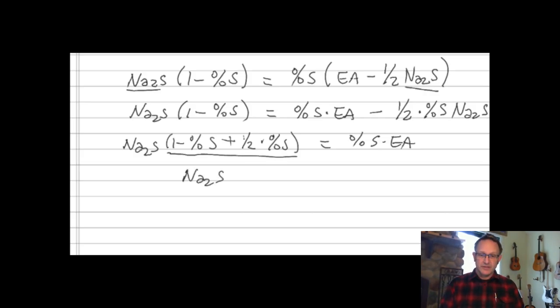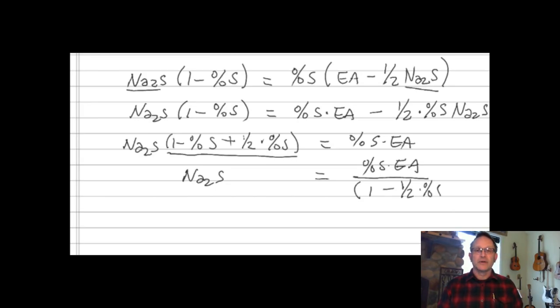Divide both sides of the equation, and we get Na2S equal to our percent sulfidity times the effective alkali over 1 minus 1/2 times the percent sulfidity. And this will be our equation 3. Alright, this is the end of part 1, and we will solve for Na2S in part 2.